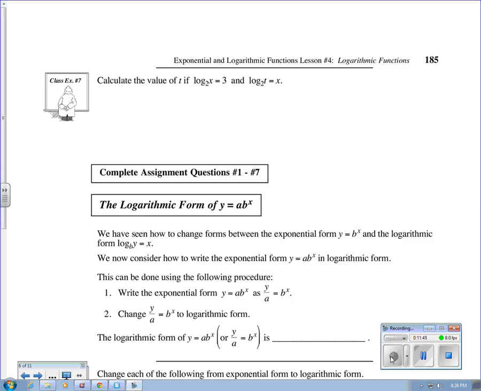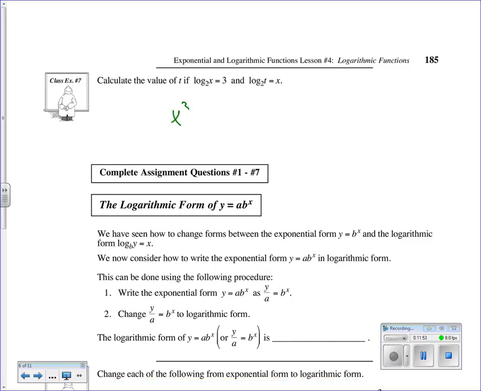Track this one. This says that x to the power of 3, no, that's not what it says. It says 2 to the power of 3. 2 to the power of 3 is equal to x. So that means x is equal to 8. And now I'm using that value next door.